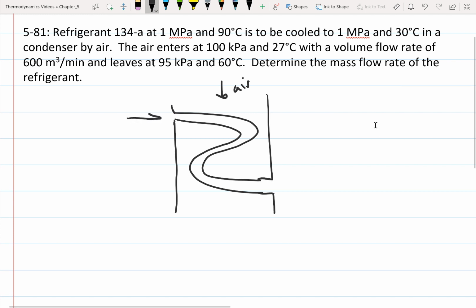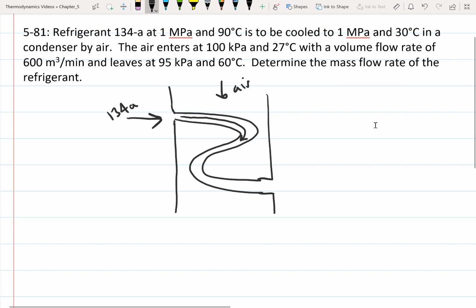So we have refrigerant flowing through this smaller pipe, and then we have air flowing through this duct. And so basically this refrigerant is flowing through here, and as it flows through there, it's being cooled by air.